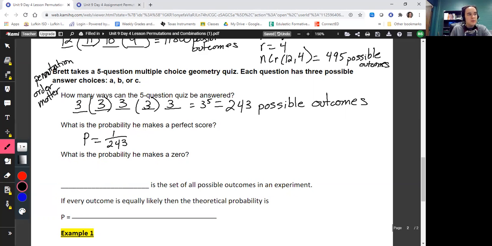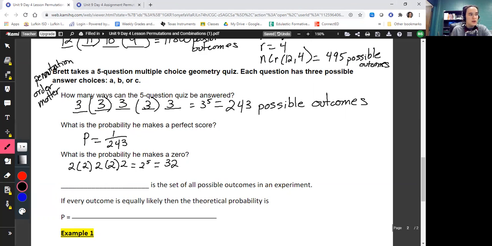Now the next one, what is the probability of making a 0? There are 2 ways for each of these problems to get that problem wrong. So that's 2 to the 5th power, and 2 to the 5th power is 32.